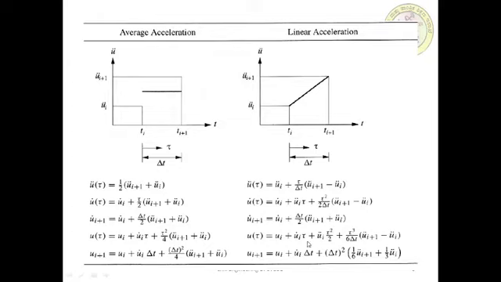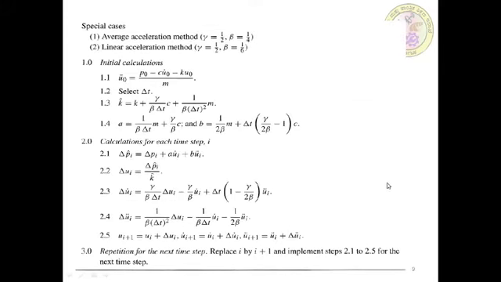The displacement equation at the end gives ui plus 1 equal to ui plus ui dot delta t plus delta t square into 1/6, the value of beta, whereas here it is 1/4 for average acceleration. That is the difference in how the displacement is calculated. In the average acceleration method gamma is half and beta is 1/4, and in the linear method beta is 1/6 whereas gamma remains 1/2.